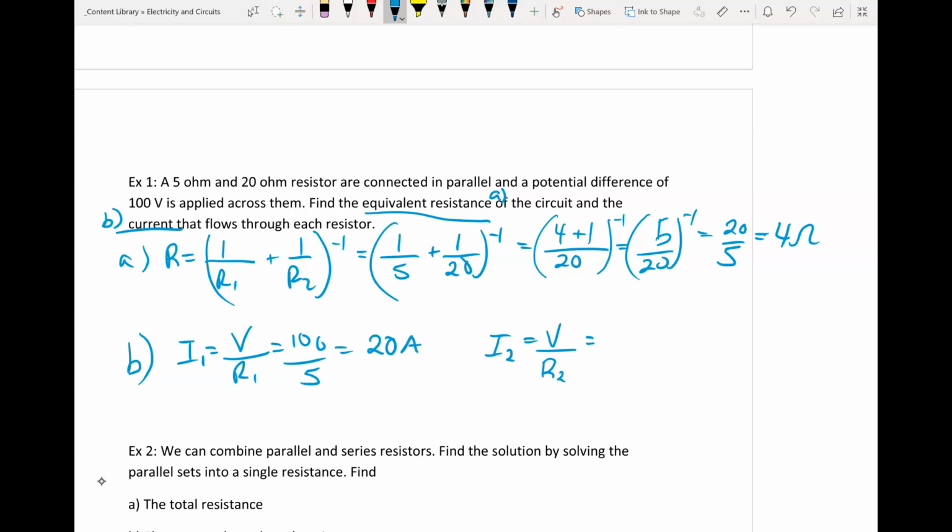And for the other current, our potential difference is 100, and the resistance is 20 ohms, which gives us 5 amps. So if we're looking for the current altogether, that would be 25, because that'd be 20 amps from the first one and 5 amps from the second one, so it's 25 amps altogether.